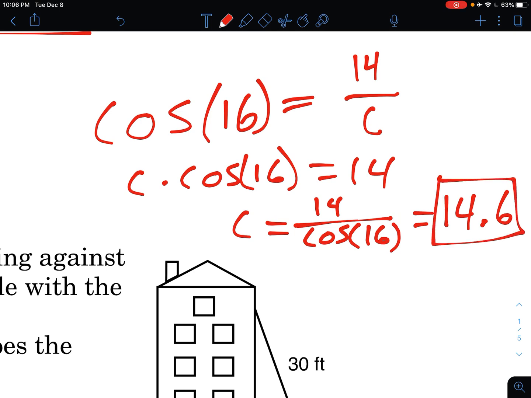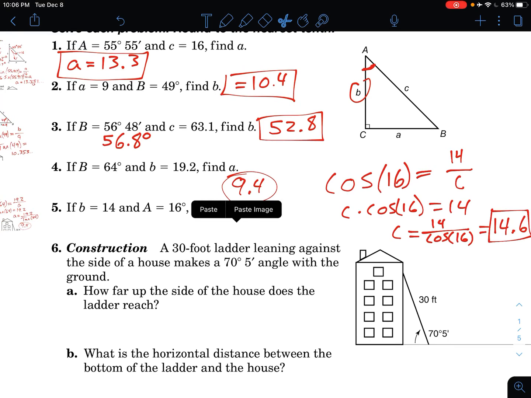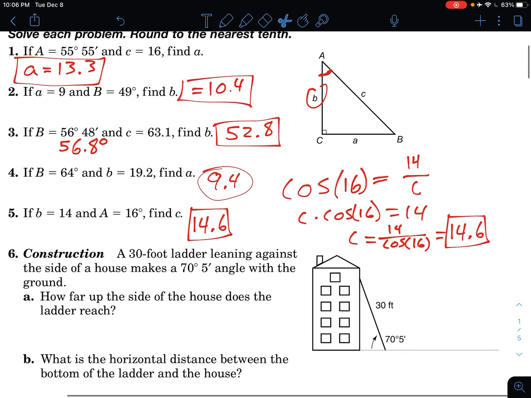So that's super close to the long leg, which was 14. So our answer is 14.6 for the letter C.